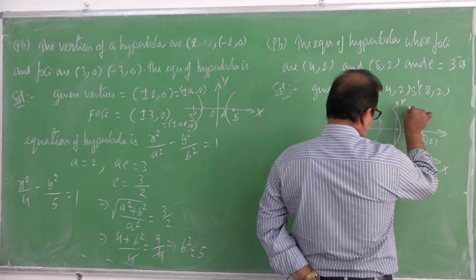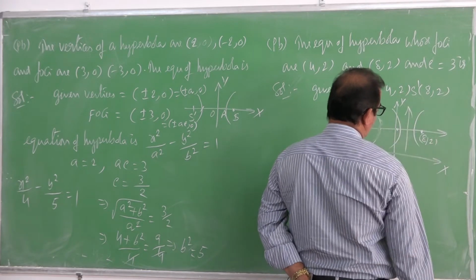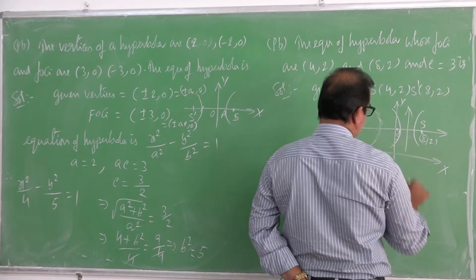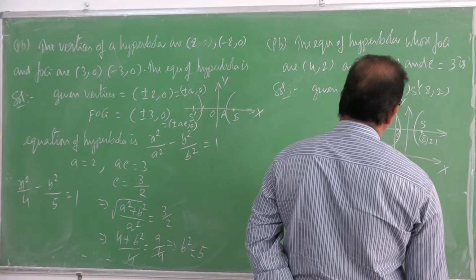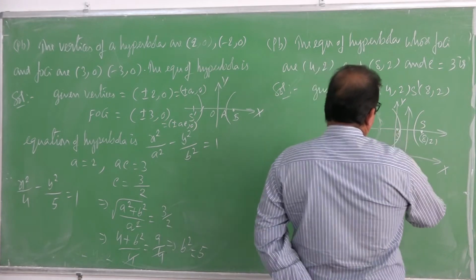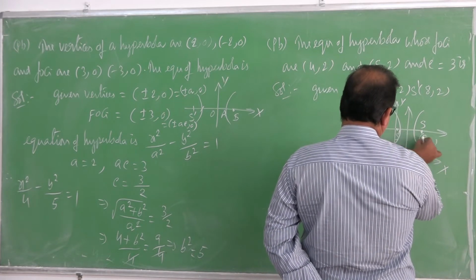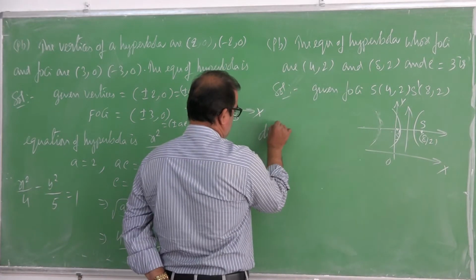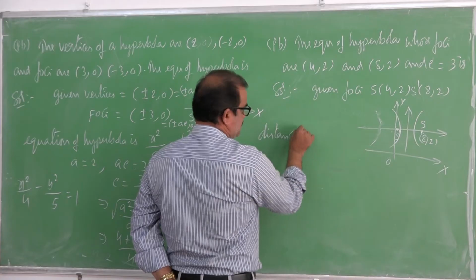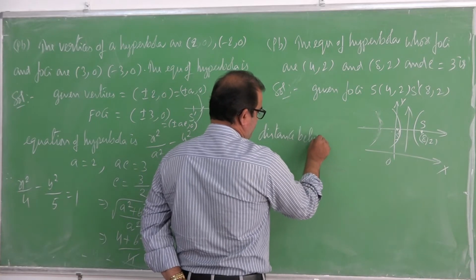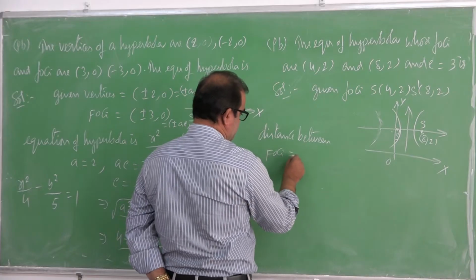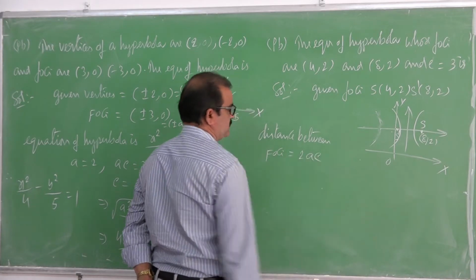Now you observe that this is S and this is S dash. See what is the distance between foci? Distance between foci is equal to 2AE.